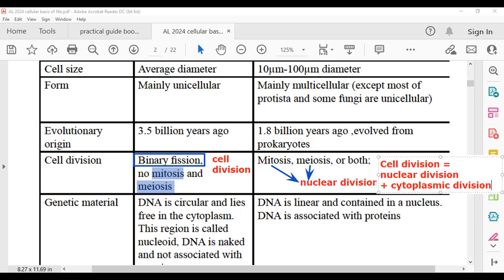These two divisions together we call cell division. But in their cell division, only cytoplasmic division will be there. Understood? Could you please mark these details then?